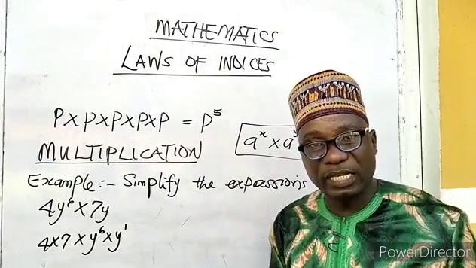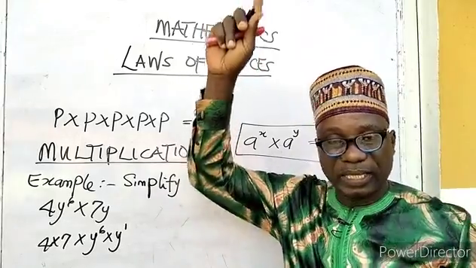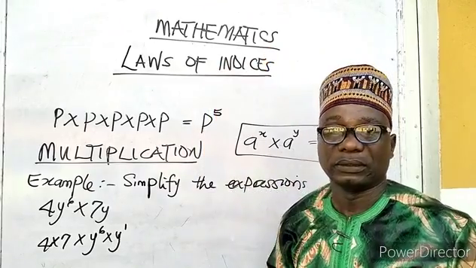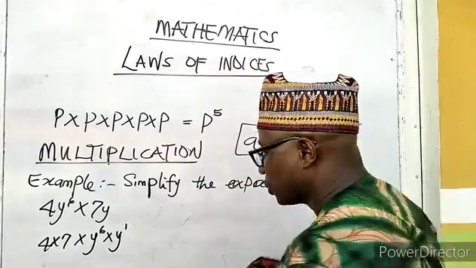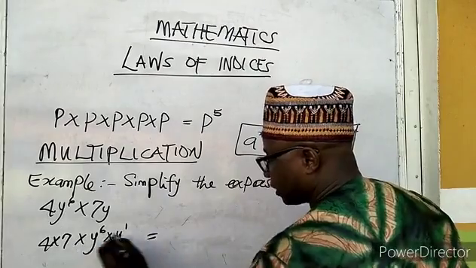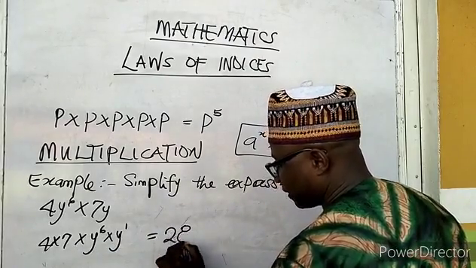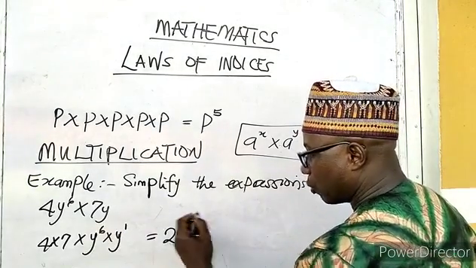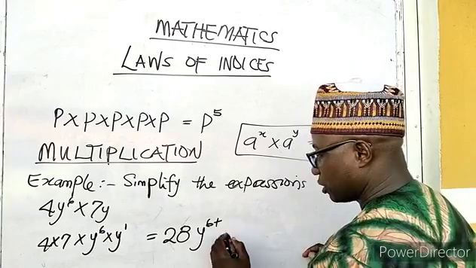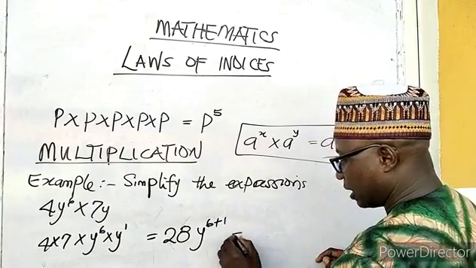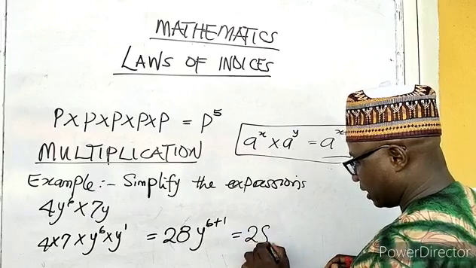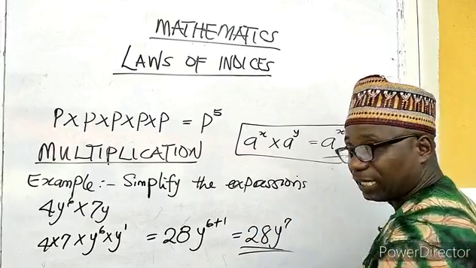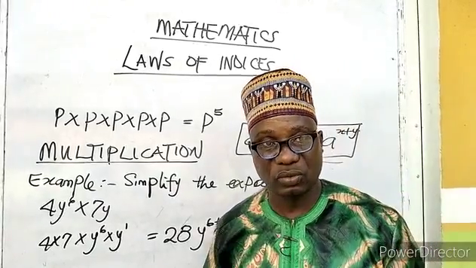Tá bá fi lè kọ any letter tó o bá fi nǹkan kan sókè rẹ̀, the same thing as only 1 lókè. It has 1. You understand? It has 1. So this one is same thing as 4 times 7. That's 28. So eléyìí a kọ y wa. Arúpọ̀ òkè 6 plus 1. So answer is now 28 y raised to the power of 7. Is that clear? I believe it's understood.